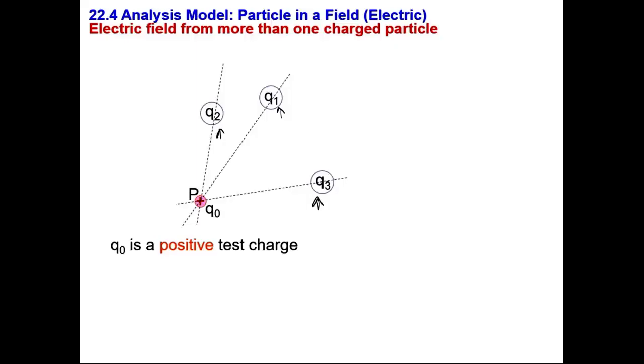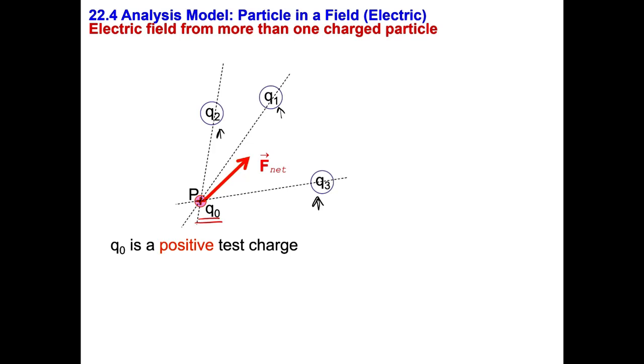Okay, so here we have Q1, Q2, and Q3, and we are interested in the electric field at point P. So we have a test charge here, Q0. It's a positive test charge in order not to get confused. And this is the net force, assuming we have determined the force due to Q1, the force due to Q2, and the force due to Q3.